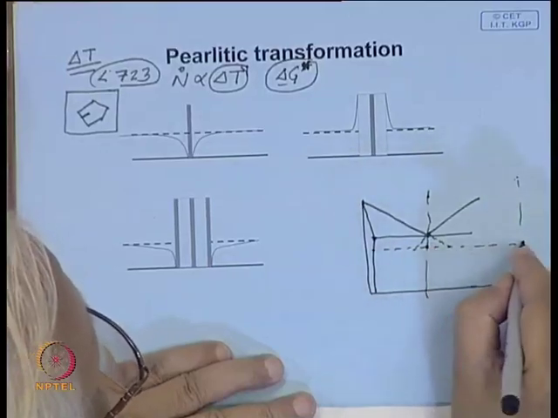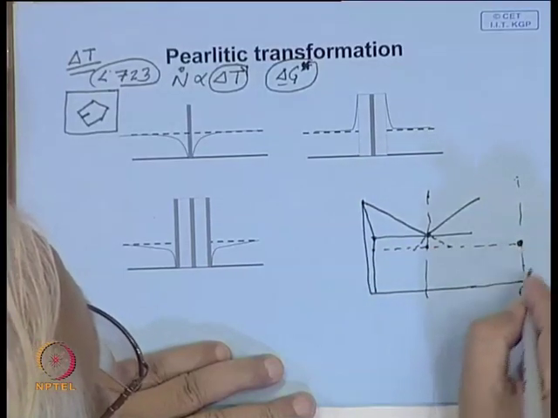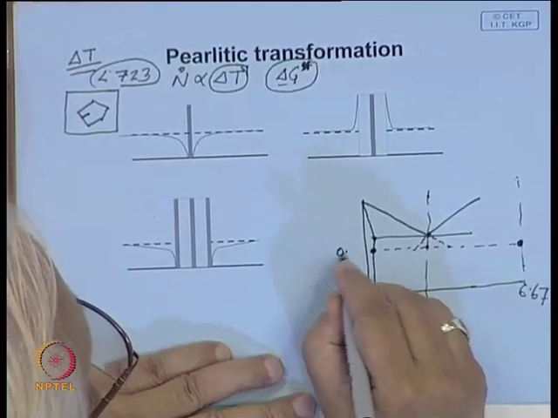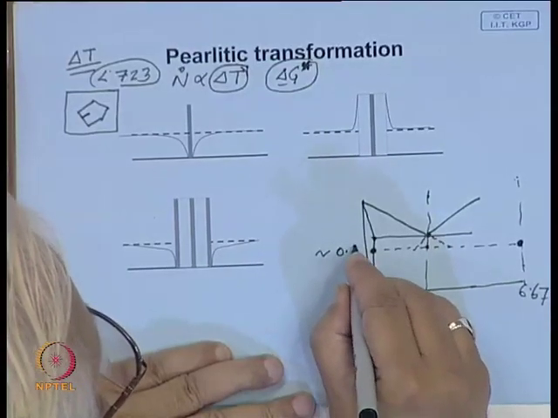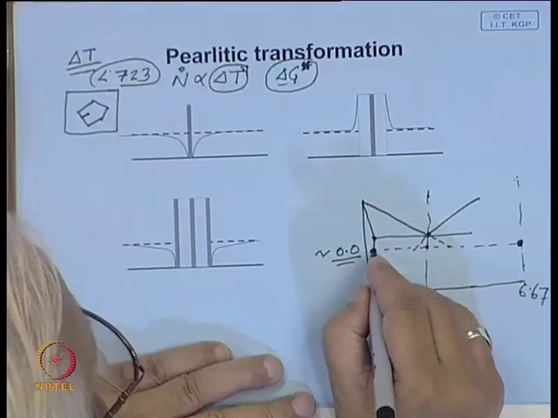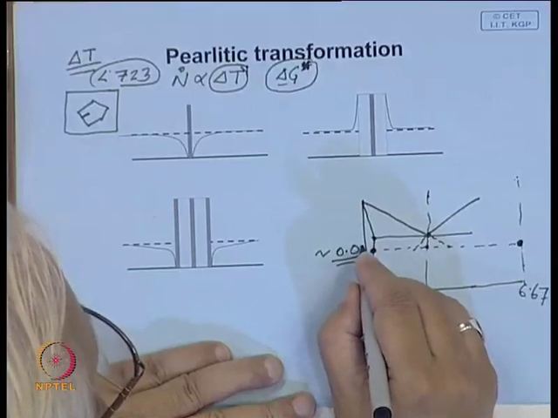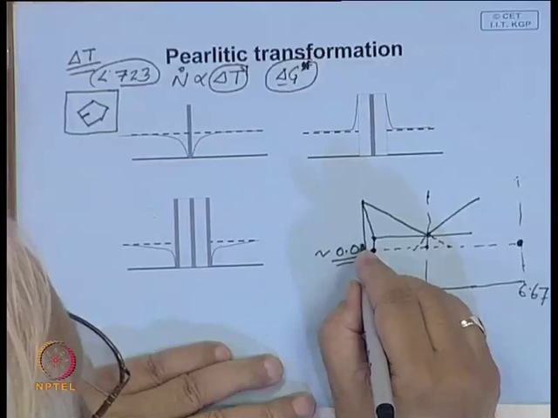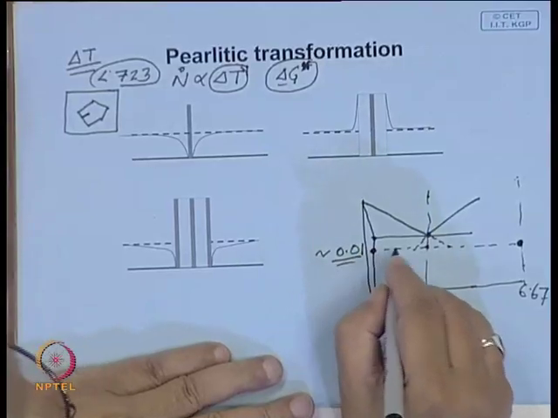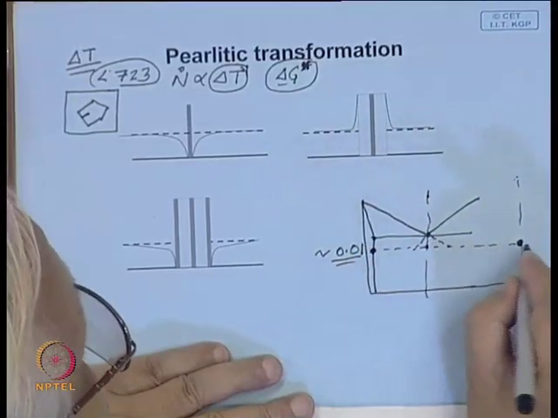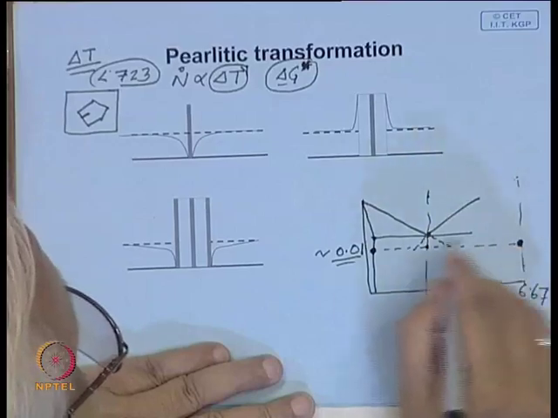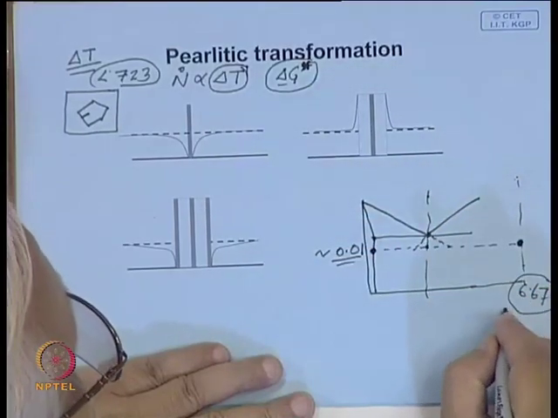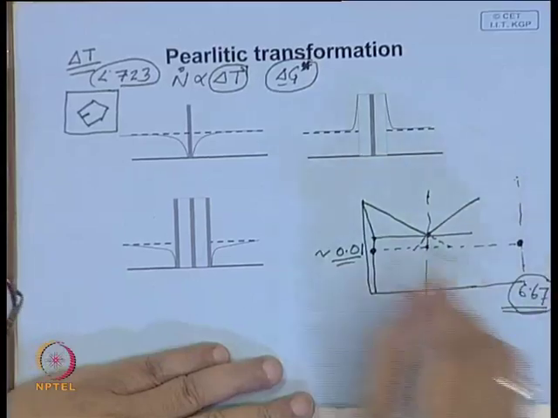So, now the cementite concentration is 6.67, ferrite is virtually 0, let us say at this temperature it is 0.01. So, what happens when cementite nucleates? For cementite to form you need so much carbon content.